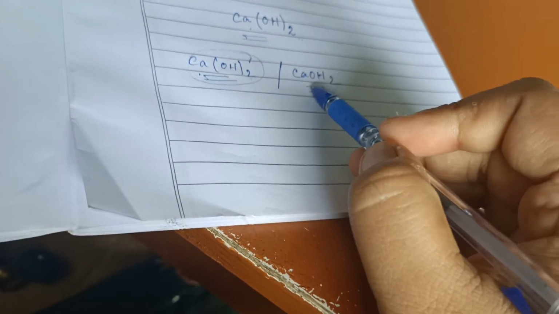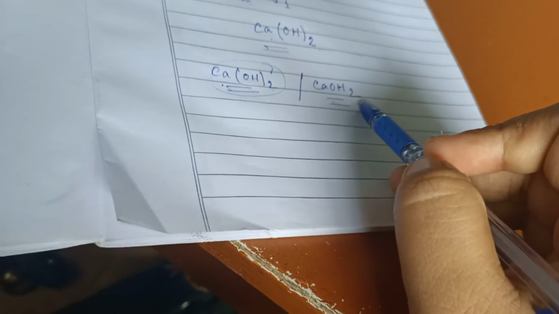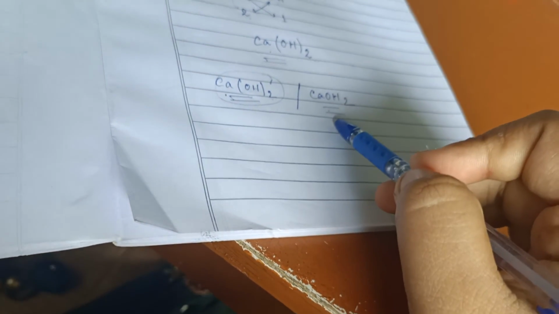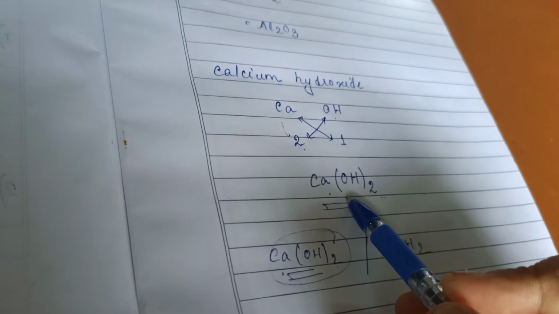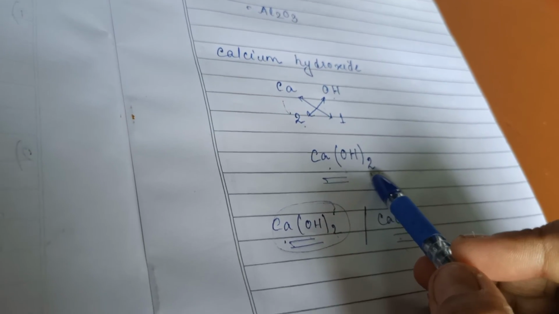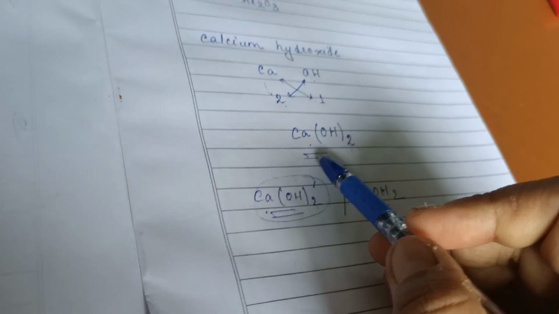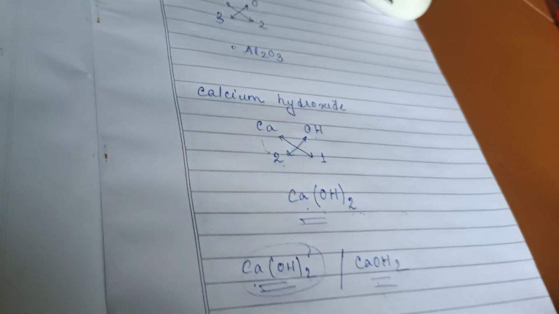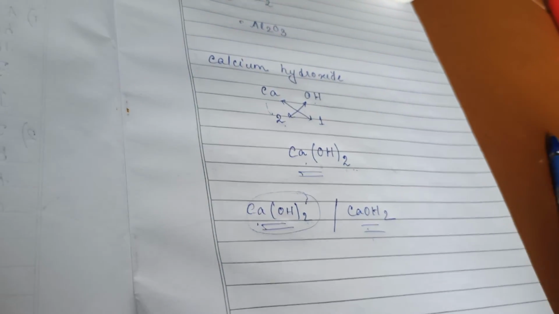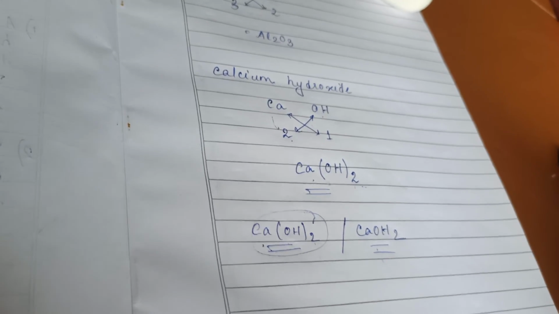But in CaOH2 there is 1 atom of calcium, 1 atom of oxygen and 2 atoms of hydrogen, which are not similar. So whenever polyatomic ions carry a valency of 2, 3, etc., it has to be enclosed within a bracket. So in this way you can form the formula of simple compounds.